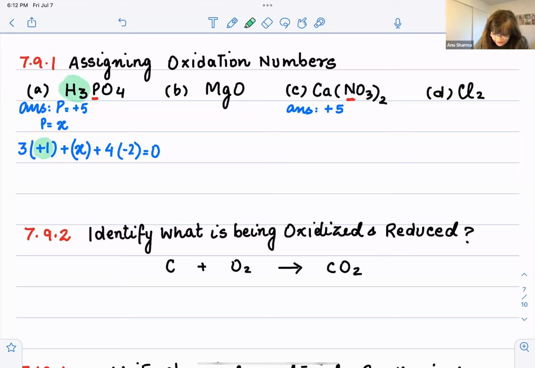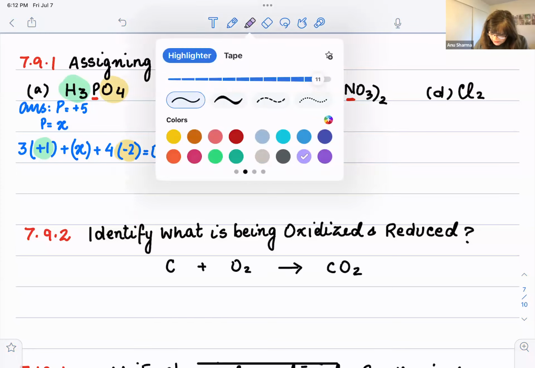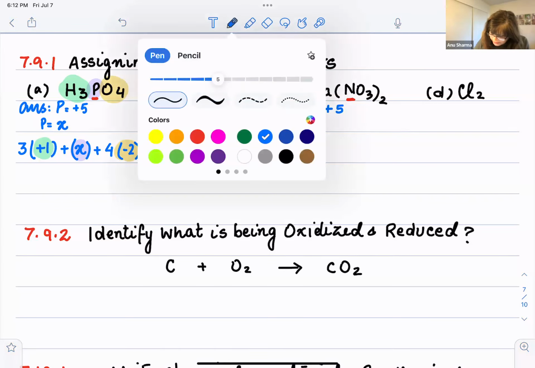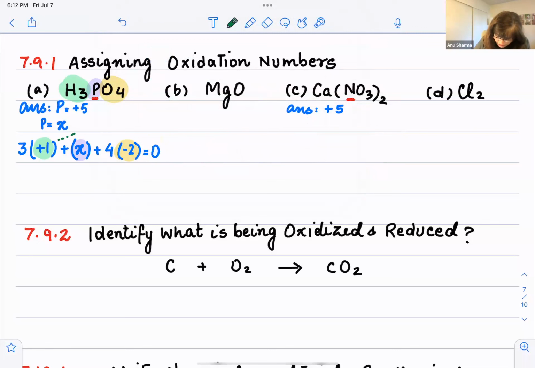So let me just color code this. This is hydrogen. This is oxygen. And this one is the phosphorus. We see here the oxidation numbers. I have to write it because one of the students asked, what is this +1?